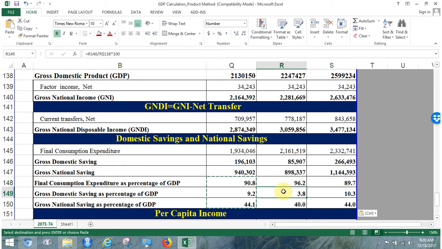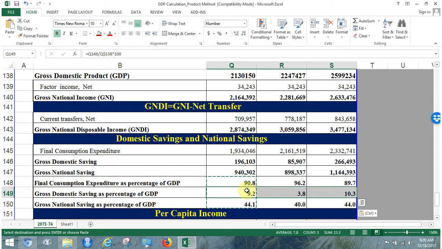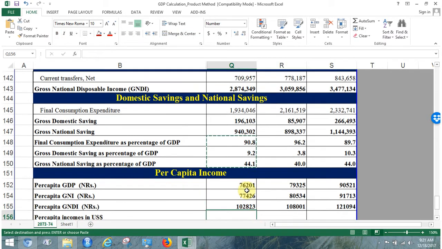So we can see that the consumption ratio of Nepal is very high. It's around 90% on average over the years, whereas the domestic saving is quite low, which is around 7 to 10% in the recent years, and the national saving ratio is higher than 40% due to the remittance inflow.